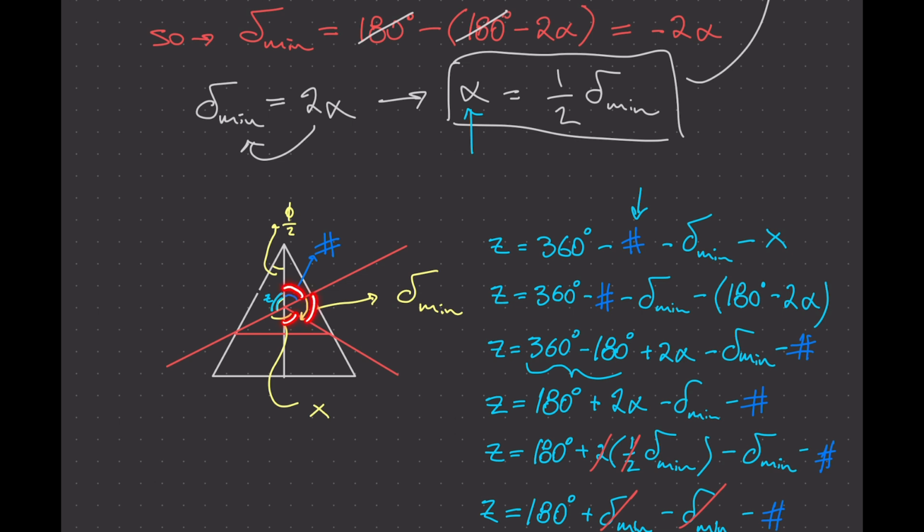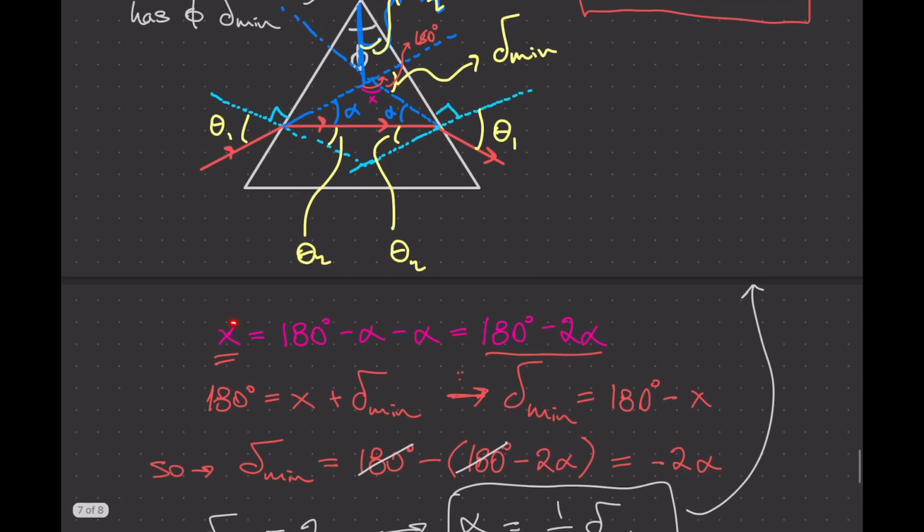This 180 degrees is comprised of 3 different components, one of which is the blue hashtag. The other one is the delta min, and that tiny component there looks like it's about half of x. That's the full x there. If we divide x by 2, we get 1/2 x on this side, 1/2 x on that side. If we add them together, that gives us the full x, which is right here.